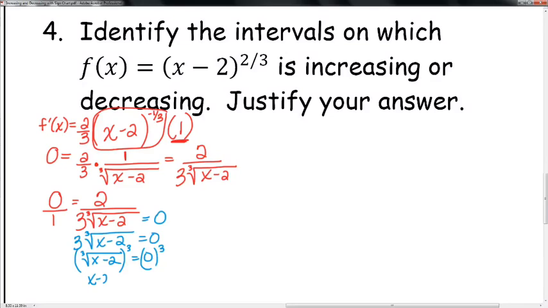And so I have x minus 2 is equal to 0. That means x is 2. So that's where my derivative's domain breaks down. So I have a problem there at x is equal to 2. It's in the denominator, so it probably tells me I'm going to have a vertical asymptote at 2. So this is where my derivative, f prime of x, doesn't exist.